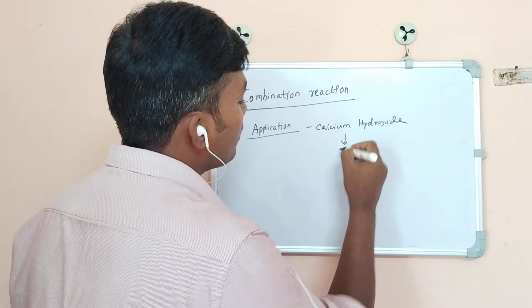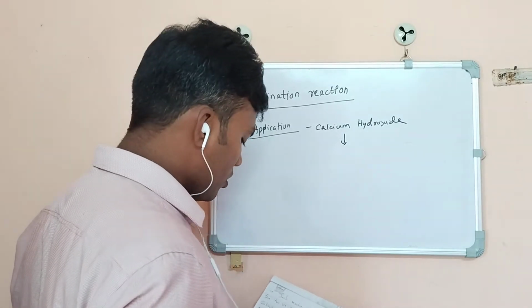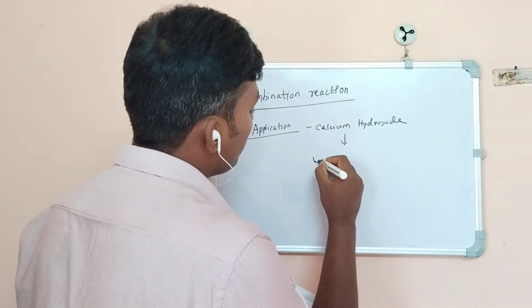This calcium hydroxide is used for whitewashing of the walls.